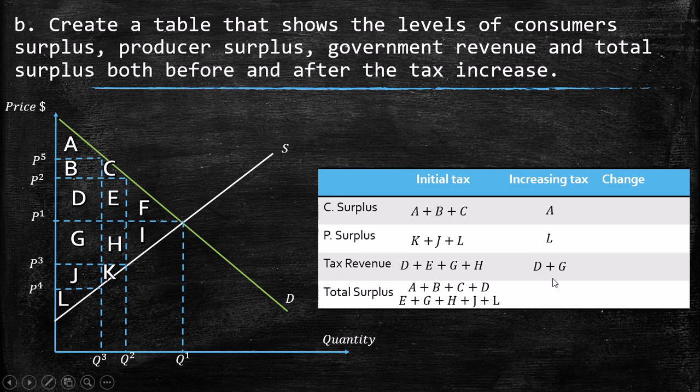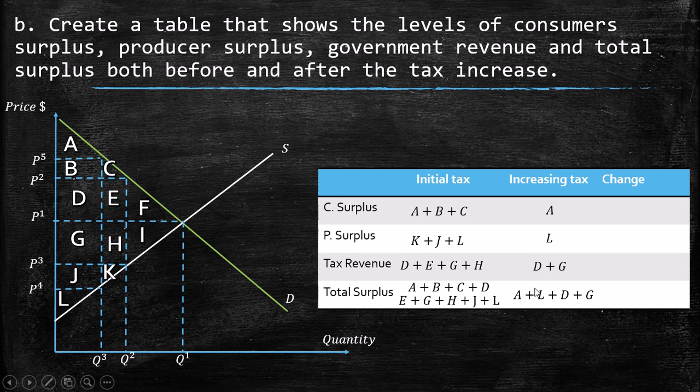Here I missed BJ as well. So now the total surplus is going to be A, B, D, G, J, L. Still you need to put here B and J.